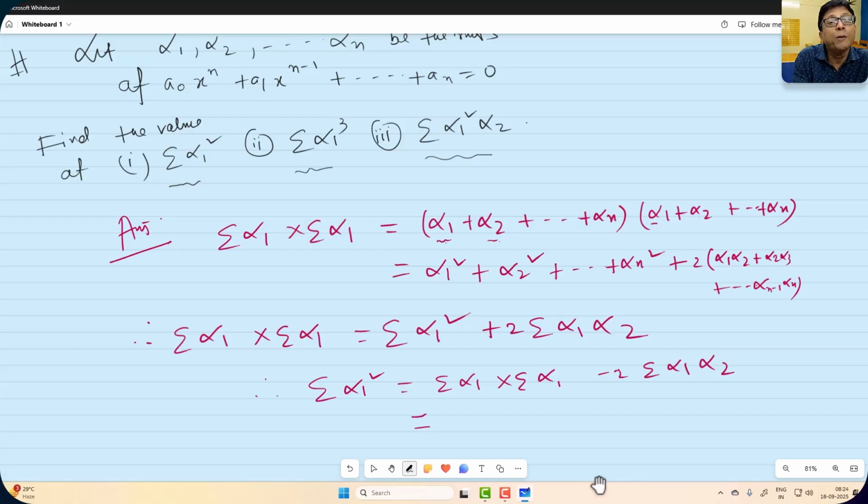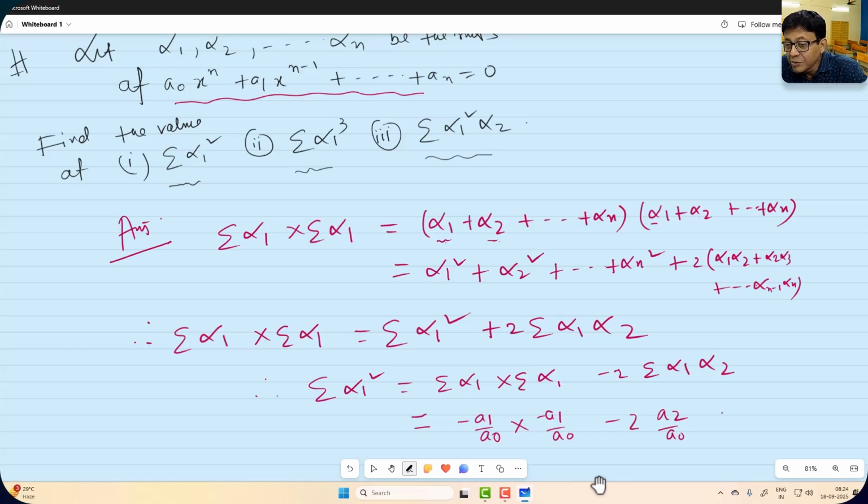What is sigma alpha 1 for this? Sum of the roots, as we have seen, minus a1 by a0 into minus a1 by a0. And what is sigma alpha 1 alpha 2? a2 is there, a2 x to the power n minus 2, so it will be plus a2 by a0.